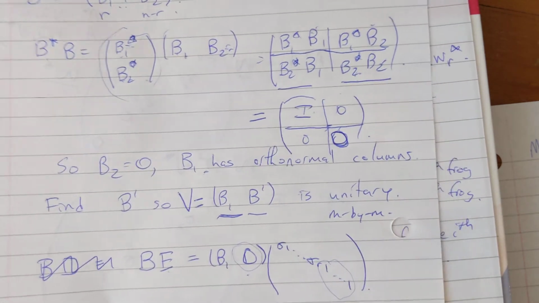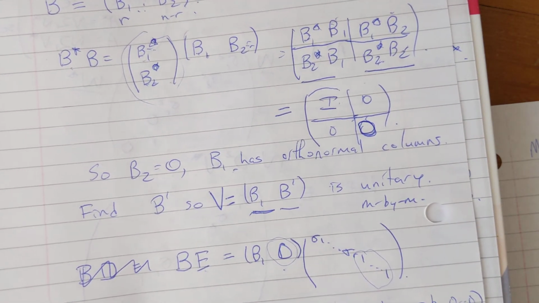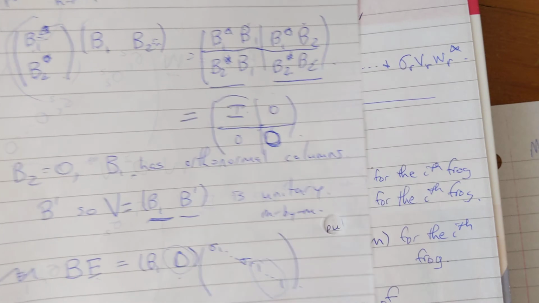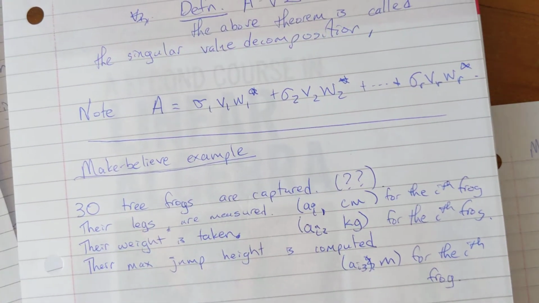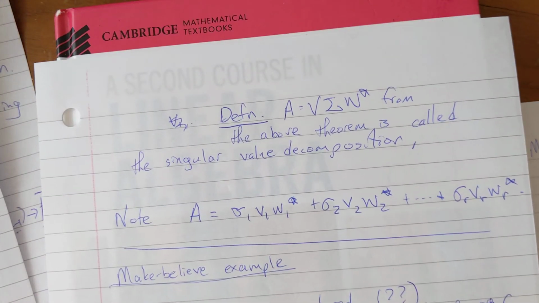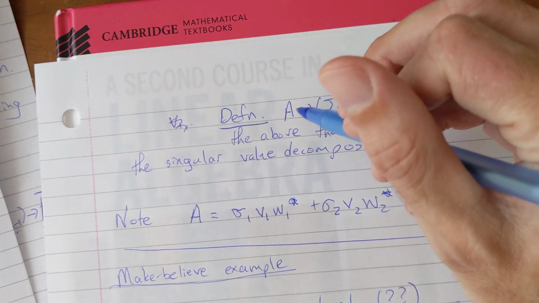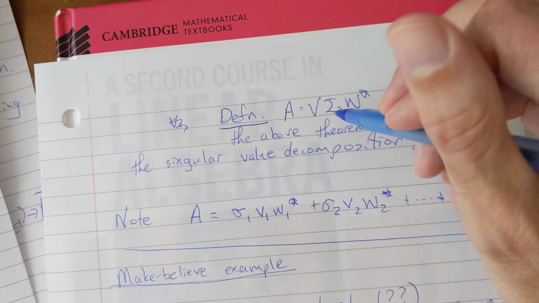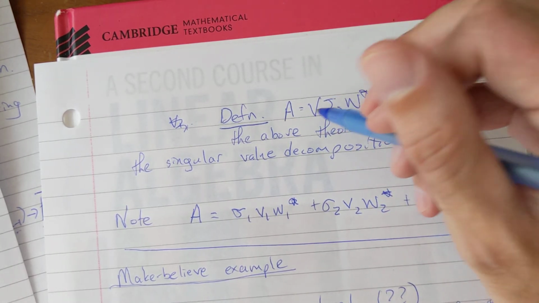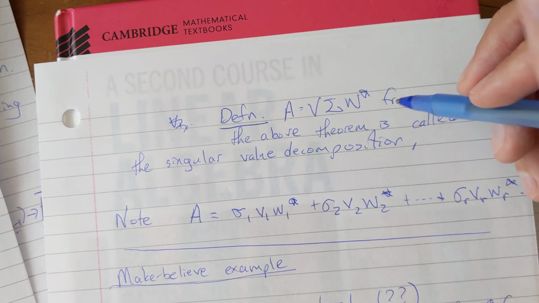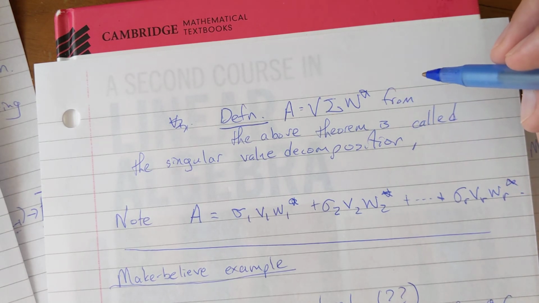Now I just wanted to explain some useful things about the singular value decomposition. First of all, the factorization you get, V sigma W star, is called the singular value decomposition.